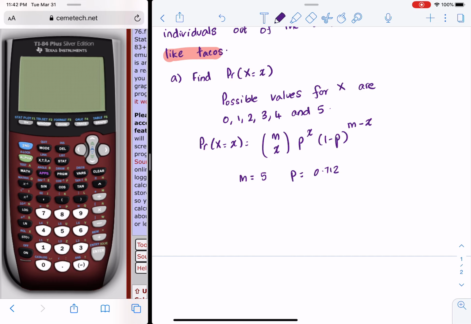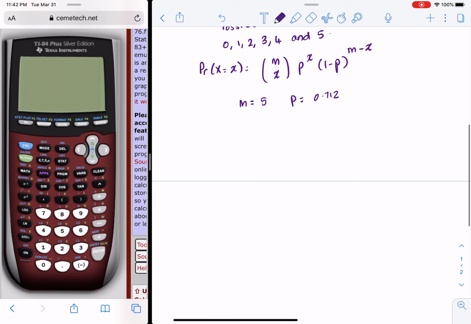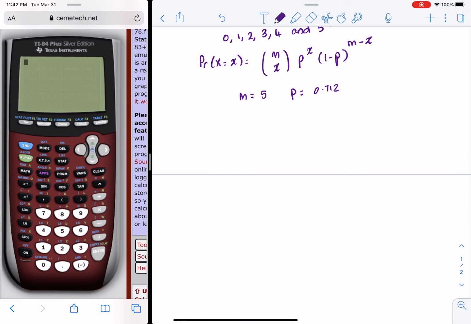So let's see if we can come up with the distribution. The possible values for x are 0, 1, 2, 3, 4, and 5. You can plug in the formula to find the probabilities, but I'm going to show you how to find these probabilities using the calculator.